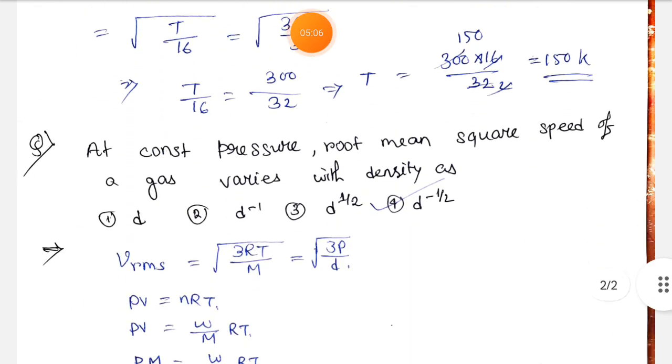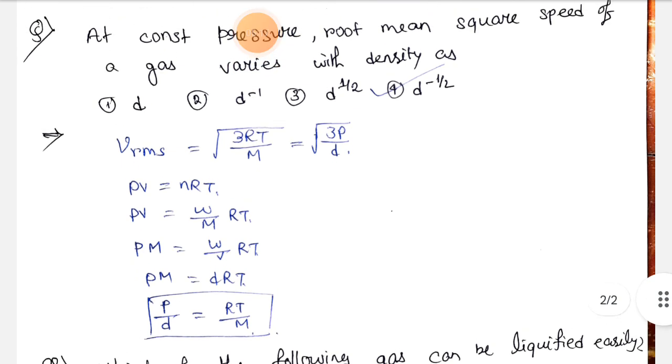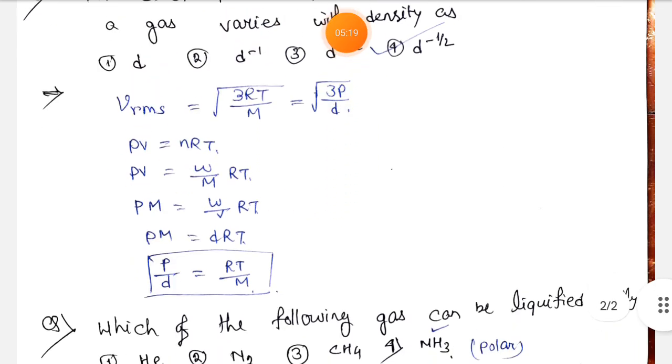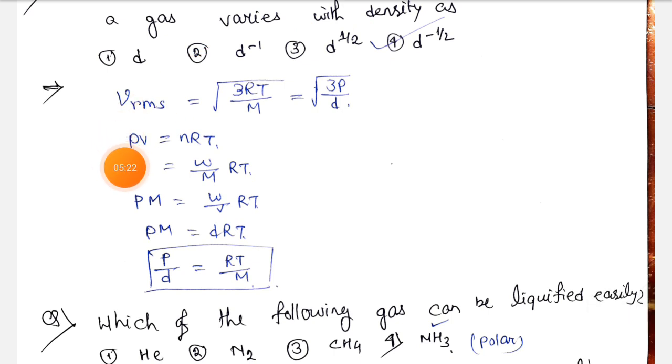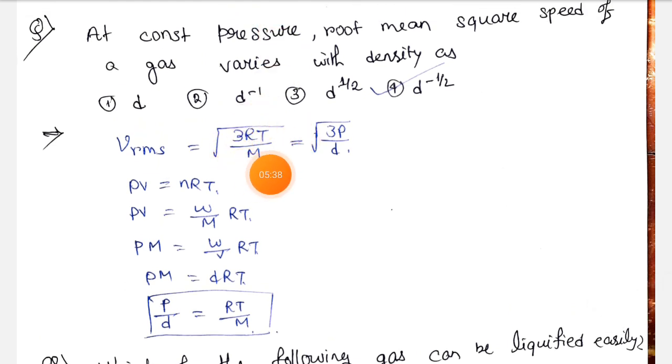Next question: at constant pressure, the root mean square speed of a gas varies with density as? This is very important. You have to use the ideal gas equation PV is equal to nRT. At first write V RMS as root over 3RT by M. The RT by M can be replaced by D, either D, D inverse, D to the power half, or D to the power minus half.